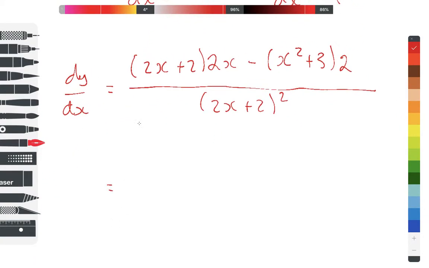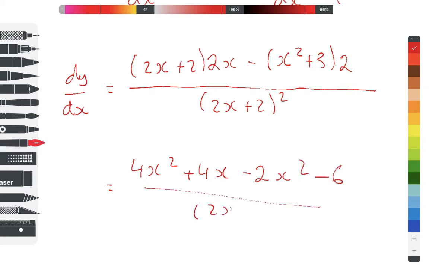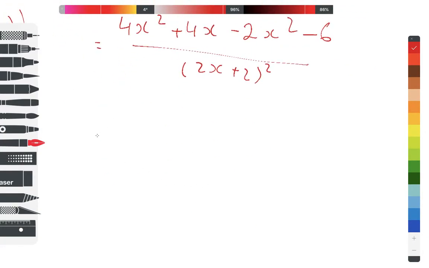Oh man, this might take a while, but I'll get 4x squared plus 4x minus 2x squared minus 6 all over 2x plus 2 all squared. Man, this is going to show how bad I am at doing this. Plus 4x minus 6. So that's our quadratic.